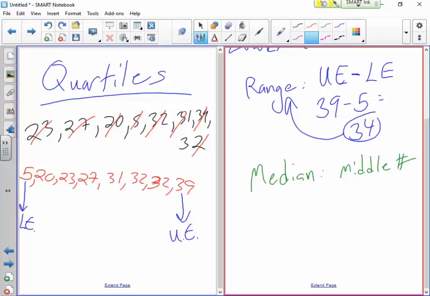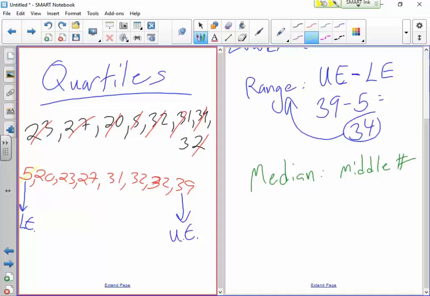Do you remember doing that? So if I did that, here's a low, here's a high, here's a low, here's a high, here's a low, here's a high, and then I've got these two. So how do I find a median when I've got these two? You add both of them and then divide by 2. So I'd be adding 27 and 31 and dividing by 2 to find my median. Please find the median of these two.